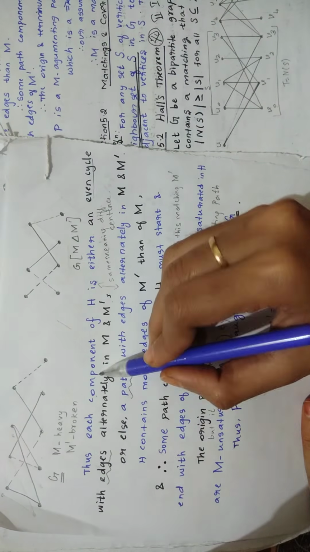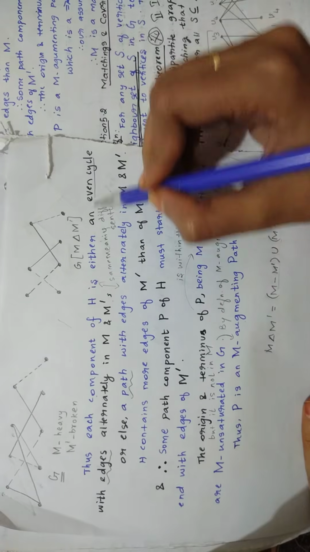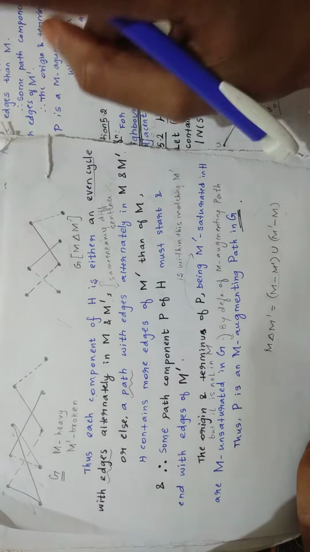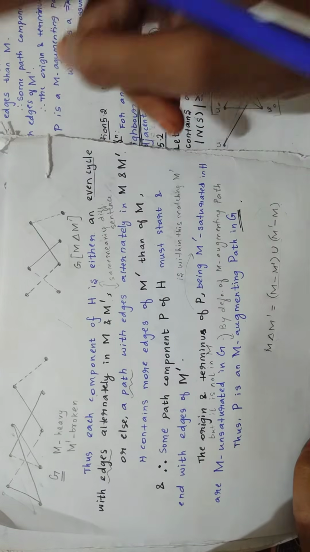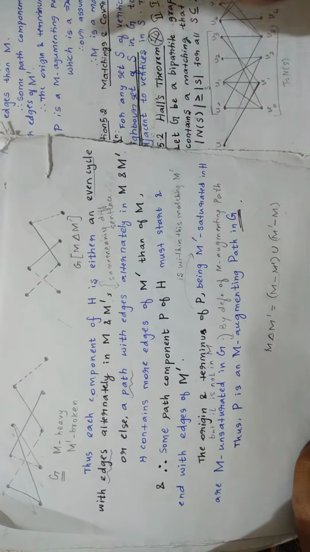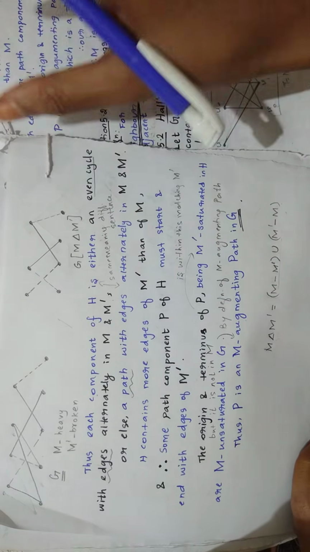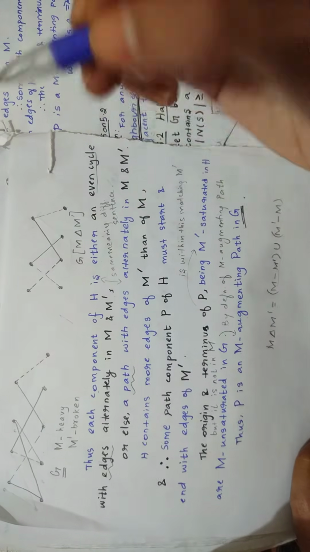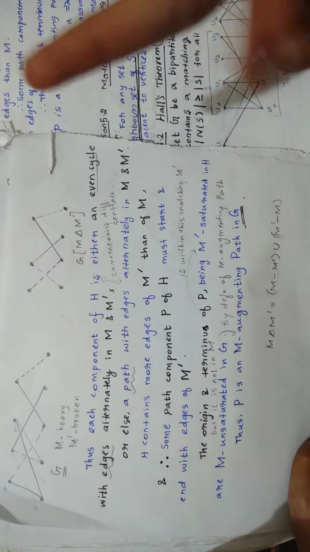Thus each component of H is either an even cycle, that is they are saying the component, two cases here. The component of H will be either an even cycle or it is a path. Okay, I told you the H graph is split into components.